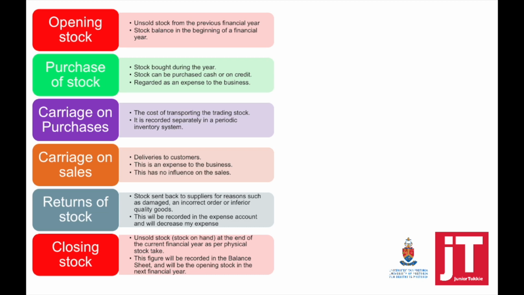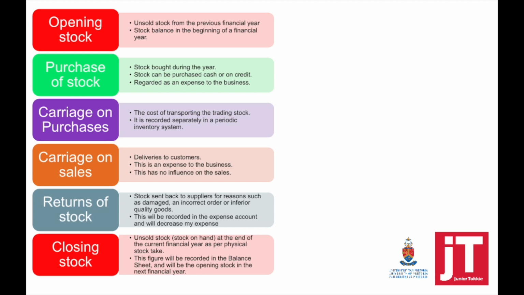Carriage on sales is deliveries to customers. It's also an expense to the business, but it has nothing to do with calculating the cost of sales. This is regarded as an expense which will appear in your profit and loss account. Remember, it's deliveries to customers.